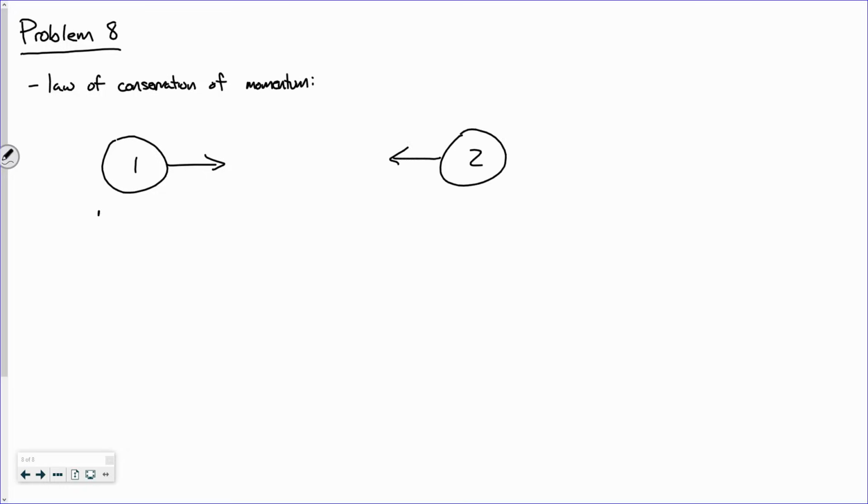Now this mass has 2 kilograms, and it is traveling at a velocity of 40 meters per second. Now it's colliding with this, 5 kilograms with a velocity of 10 meters per second.